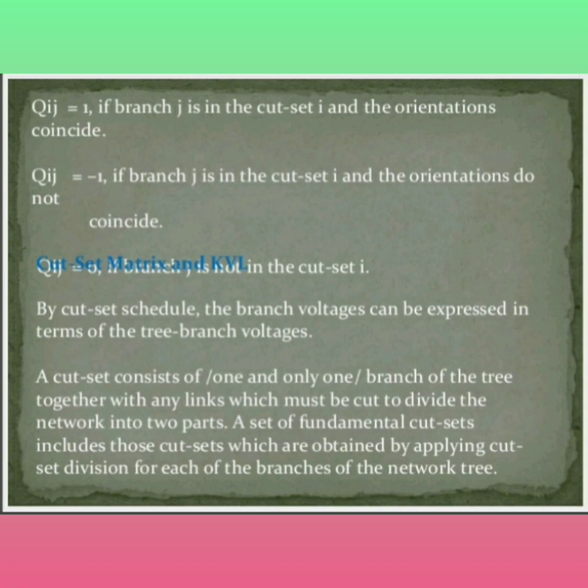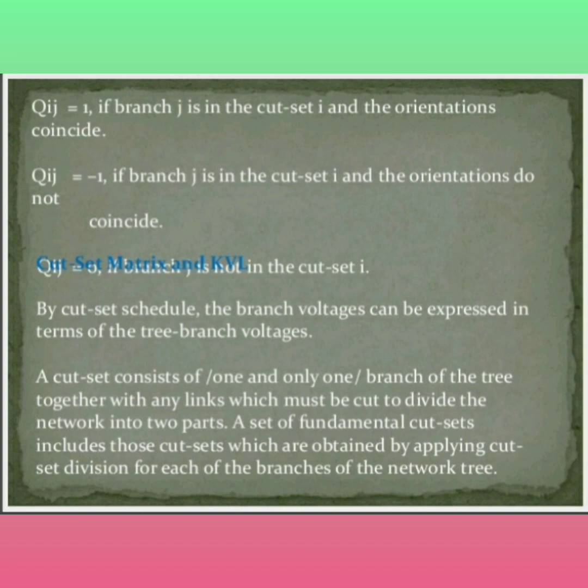Cut set matrix and KVL. In the cut set, the branch voltages are expressed in terms of tree branch voltages. A fundamental cut set consists of only one branch of the tree together with any links which must be cut to divide the network into two parts.